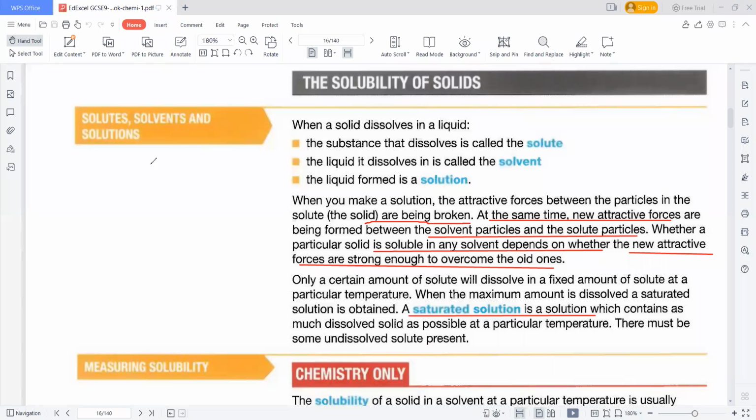Now, why are new attractive forces made? Let's say you are given common table salt, which is NaCl, and we try to dissolve it in water. How does it go through this process?